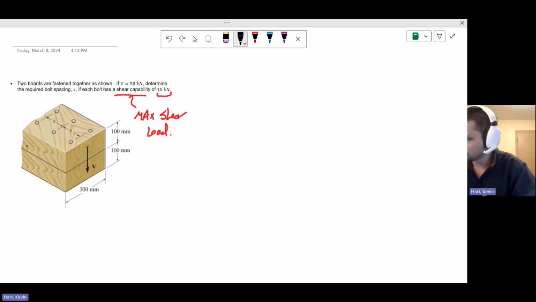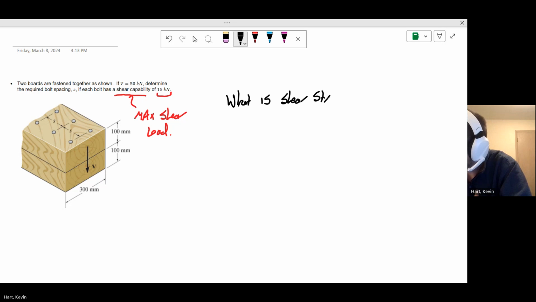Okay? So what is the shear stress between layers if the wood was fully dense?